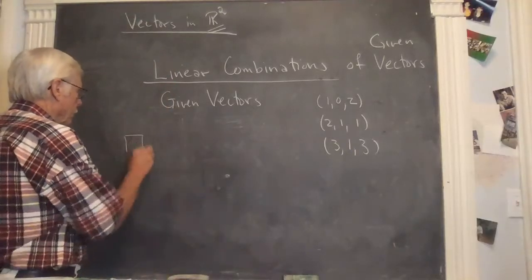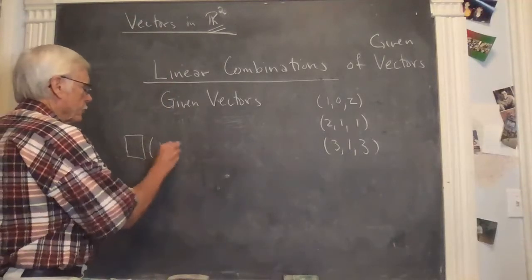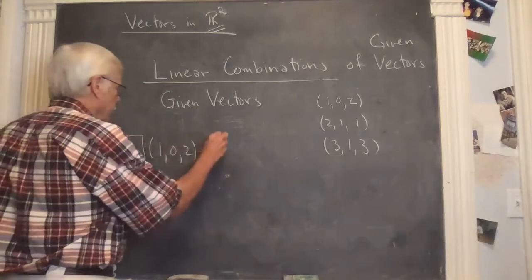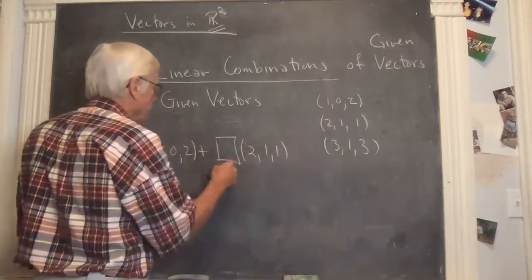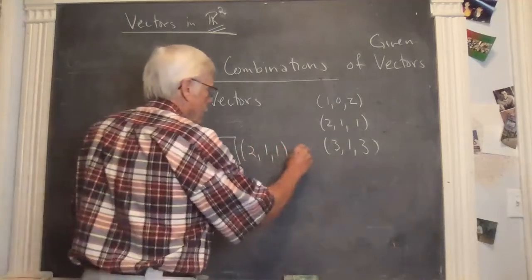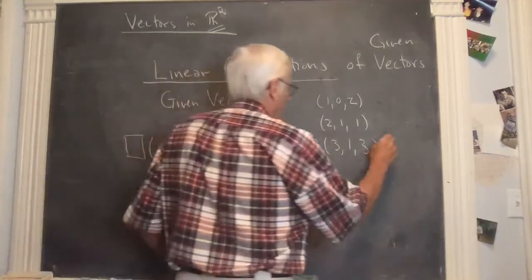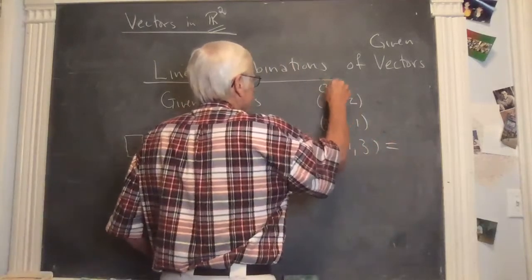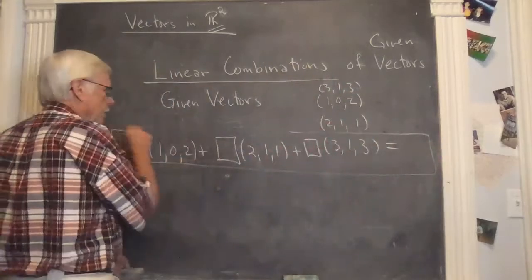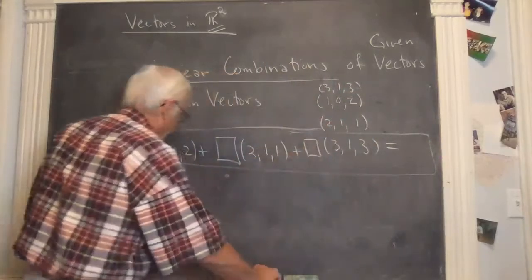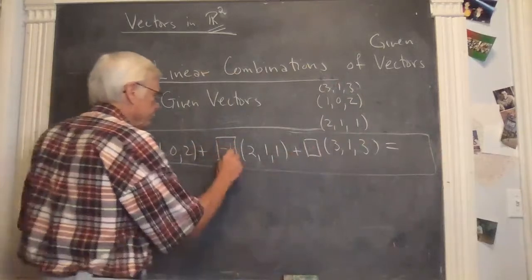It would look like some number times the first plus some other number times the second, could be the same or different, plus some other number times the third.